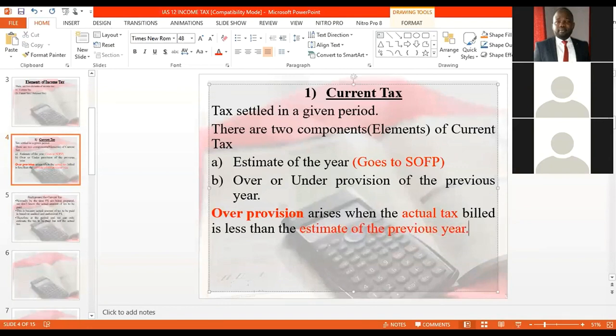So under provision, take note of these. I hope everyone can even now complete the sentence.